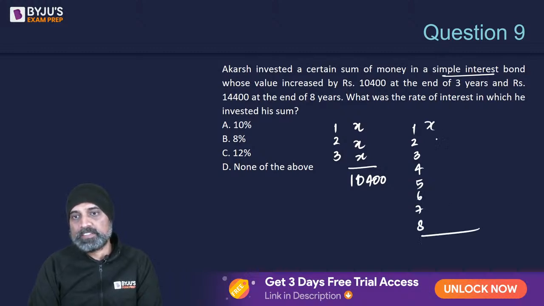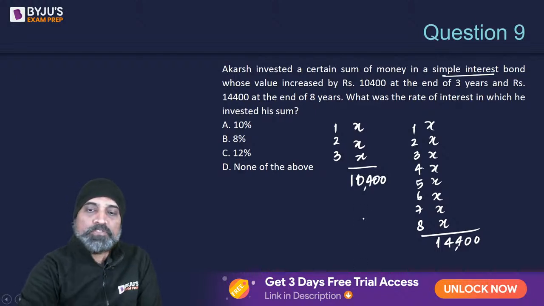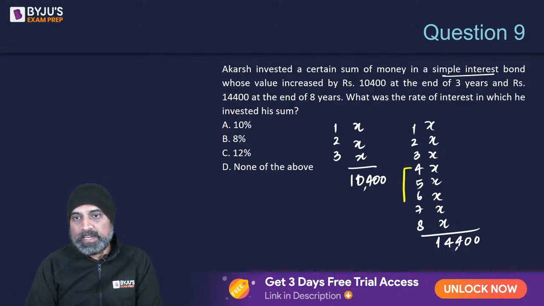For 8 years, the simple interest is going to remain X every year. And this becomes 14,400. So if we simply compare, in these 5 years the amount increased by 4,000.